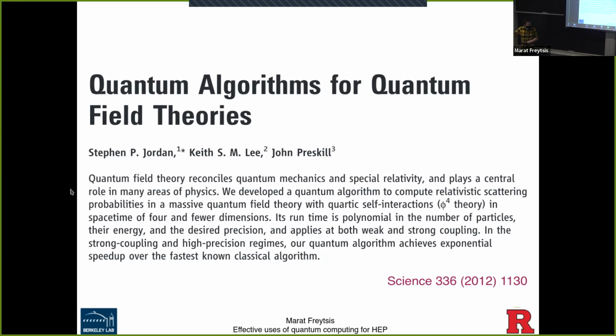They showed how you would write an entire S matrix calculation, at least for a scalar field theory, as a quantum algorithm. Using these basic ingredients, we want to isolate the part that would correspond to the effective field theory language that I sketched out earlier, the soft radiation part of this process.